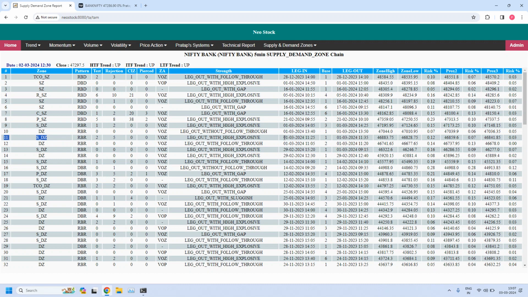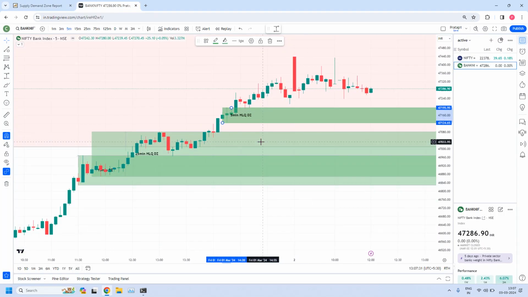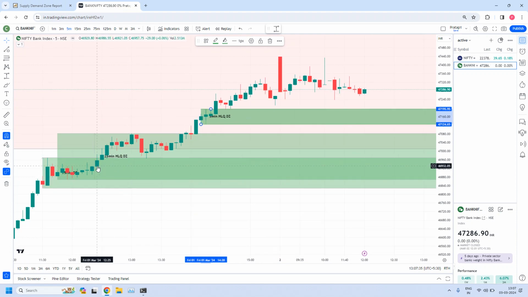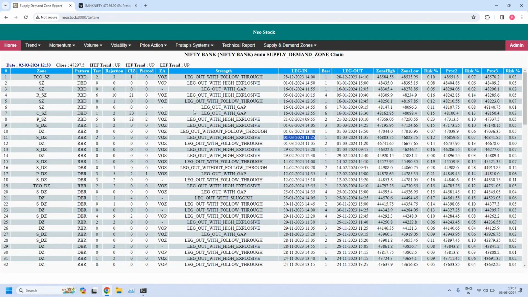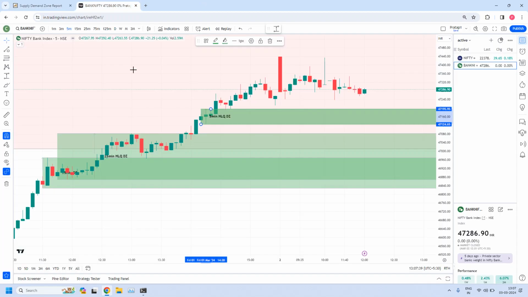When it was created, 1st March at 11:25, one base candle. First March 11:25.